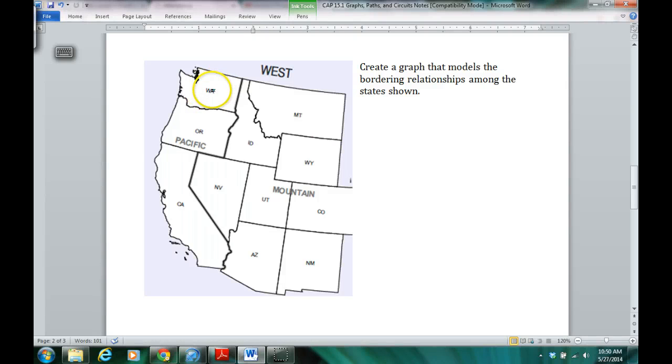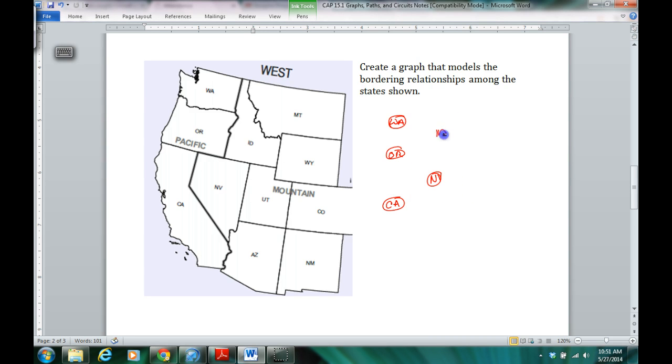So, on this one, we have WA and OR. I'm going to make vertices called that, just so we can remember what they are. And I'm going to put a circle around it, because that's going to be my vertex. So, WA, Washington has a vertex. OR has a vertex. California has a vertex. Nevada.